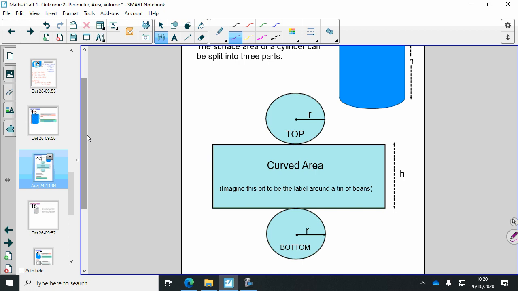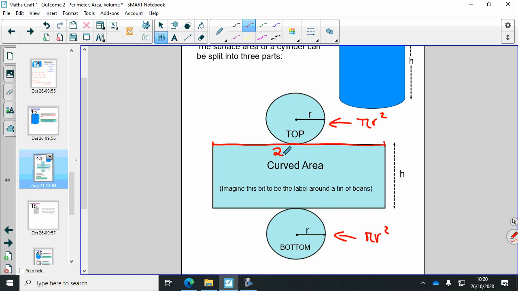So when we're calculating the areas, we know that the area of a circle is pi r squared, and we know that this one is also pi r squared. Okay, that's straightforward enough. The curved bit is a bit trickier. The curved bit, well, this distance here is the length of that rectangle, and that has to go all the way around the circle, so that therefore must be the circumference of the circle.